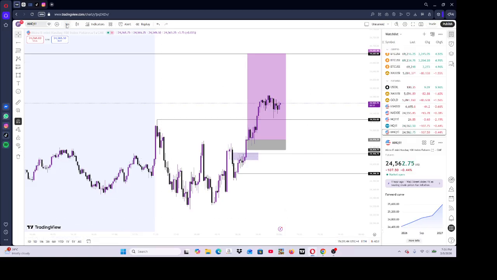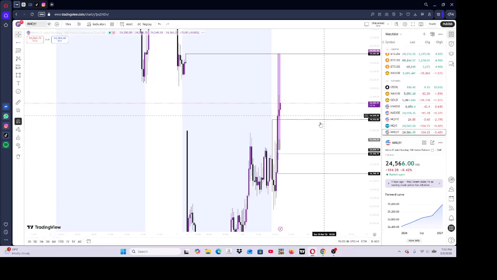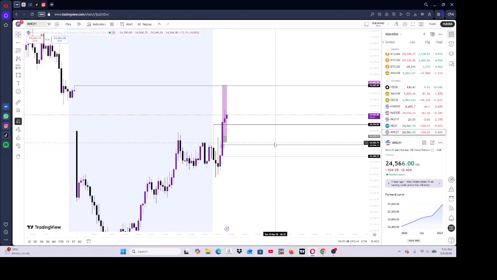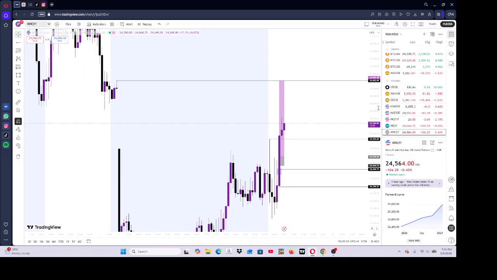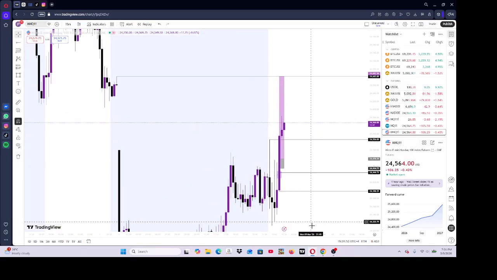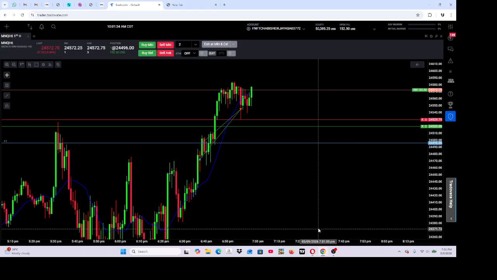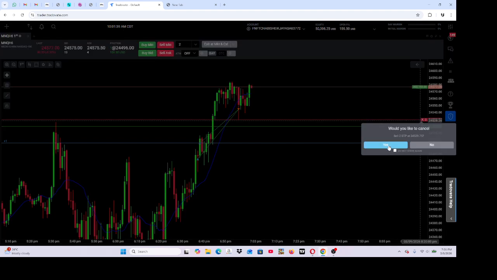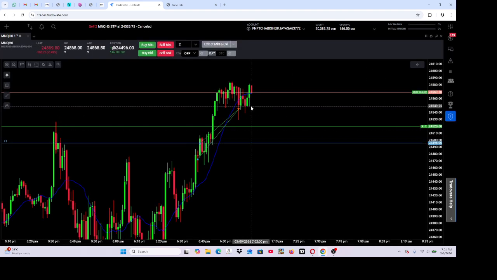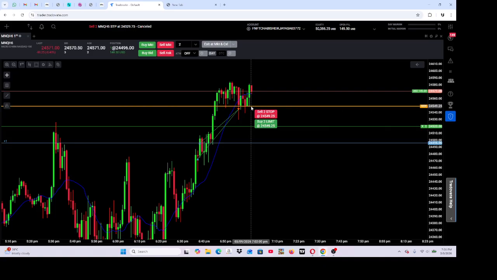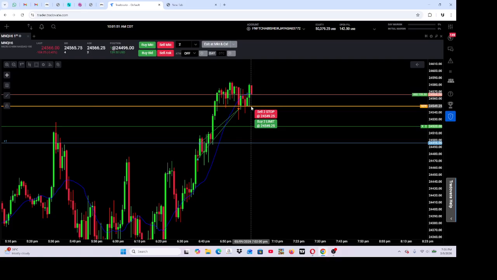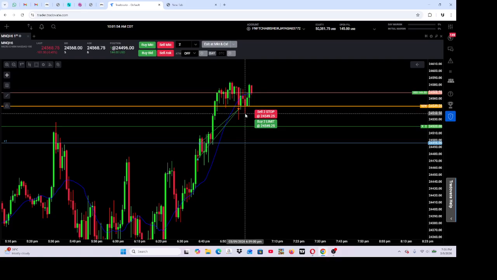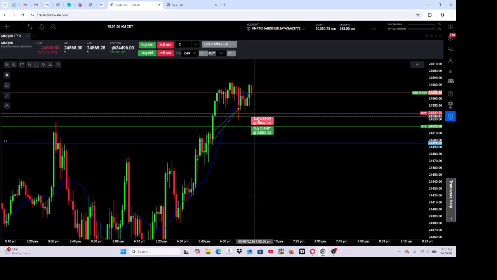There's so much consolidation on the 15 minute time frame, what we are seeing. The bullish sentiment. I want to move my stop loss a little bit here. Swept everything here. Let me set my stop loss underneath this low.